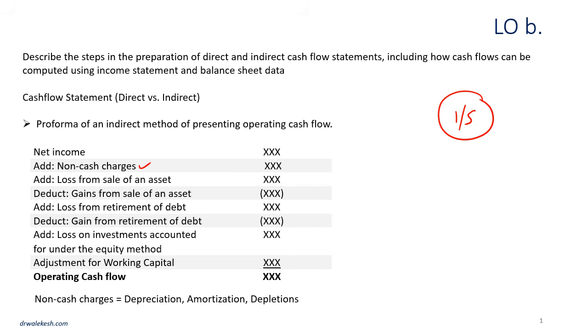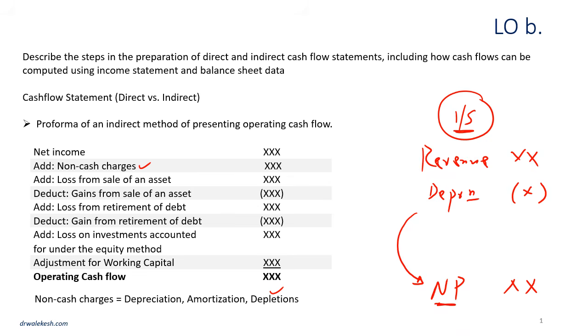Recall that as far as the income statement is concerned, the top line is revenue, then the bottom line is net profit. Depreciation, amortization, and depletion will have been deducted to arrive at the net profit.